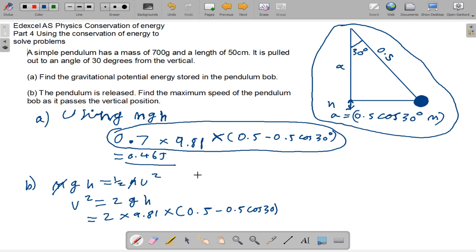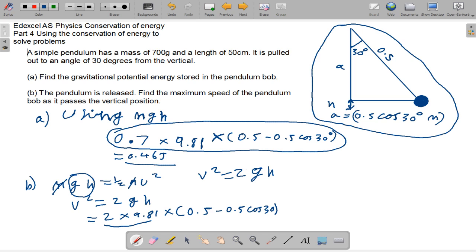So I'll just rewrite that: v squared equals 2gh. You can get rid of the half by simply timesing by 2 and timesing gh by 2 in order to get that expression on the second line.